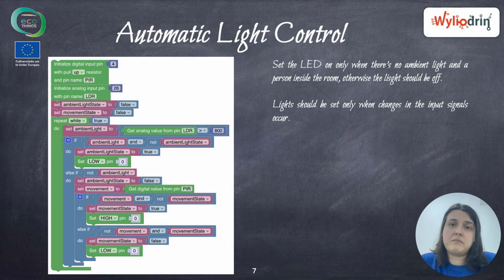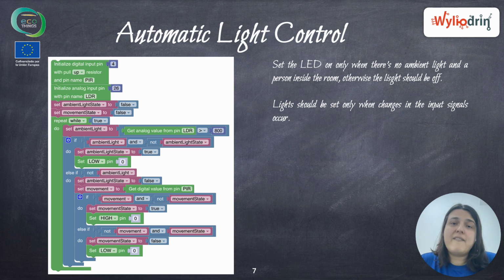First of all, we read the ambient light. And if there is light, we set the variable ambient light to true. So it tells us that there is light in the room, and of course, we don't have to turn on the LED. So inside the if block, we check if there is ambient light, and we also check what was the state of the ambient light before.